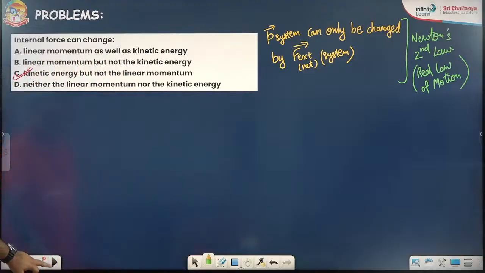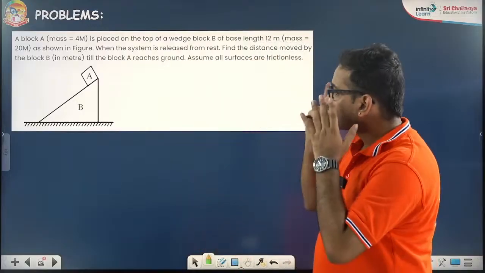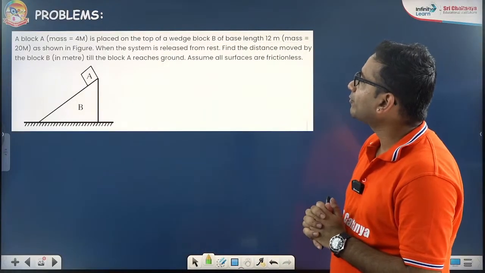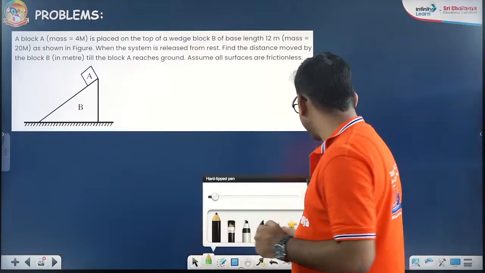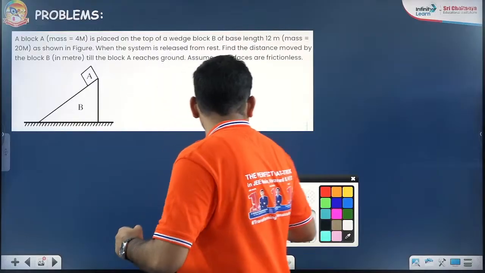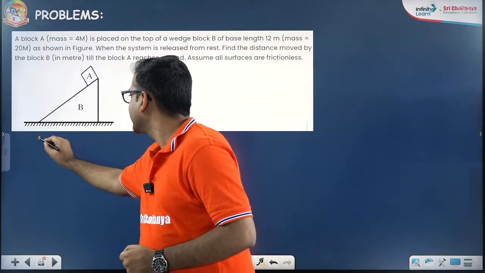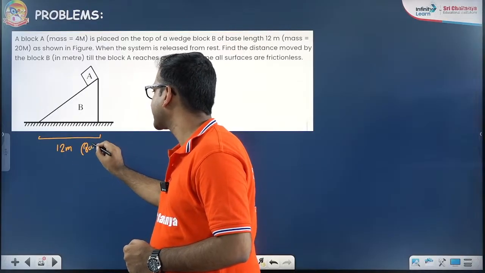Okay. Next is a block A whose mass is 4m, placed on the top of a wedge of base length 12 meters. So if you see, this base length is already 12 meters given to you, the base.